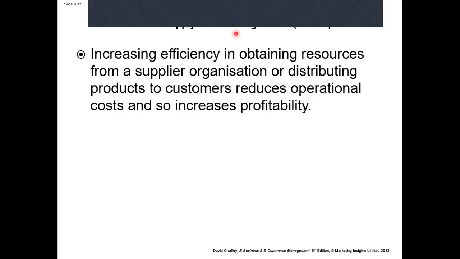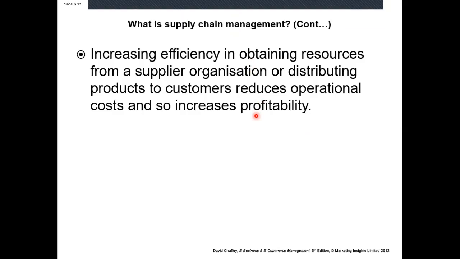So here, whenever we say products, it also means services, right? Not only just products. This can also be a service organization, but since our main focus in this course is for a manufacturing organization, we repeatedly use the term product. But please keep in mind that supply chain management does not only talk about delivering a product, right?